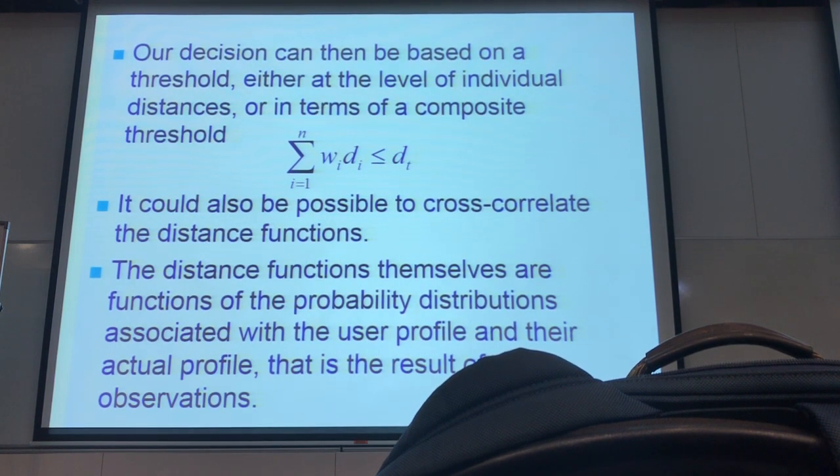Then you don't raise an alarm. You treat this as normal behavior. But if the weighted sum is greater than the threshold, then you will raise an alarm, right? This is how we use this statistical method to detect whether there is an intrusion or not.